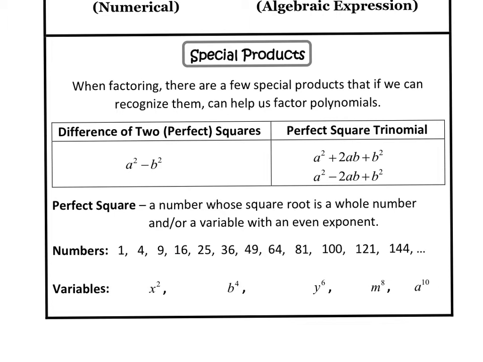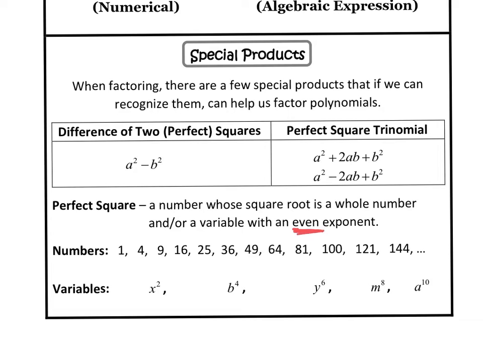And if we see them in the equations and expressions, we can say, hey, 16 is a perfect square. 81 is a perfect square. And then if we're looking at variables, we're only interested in is the exponent an even number?